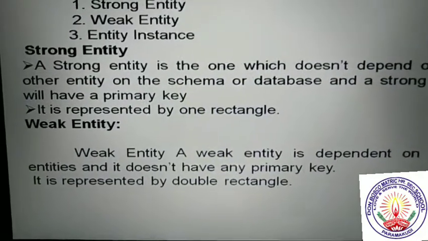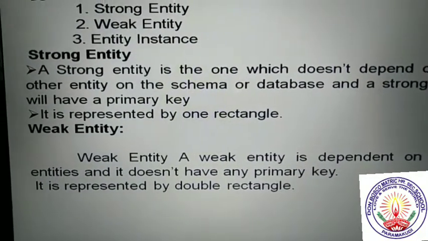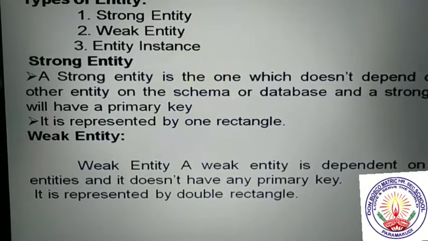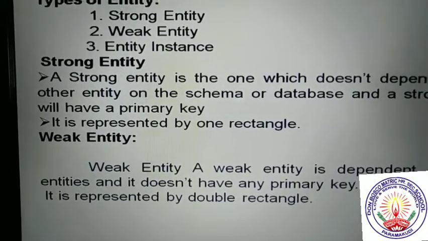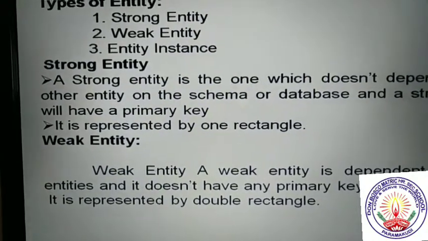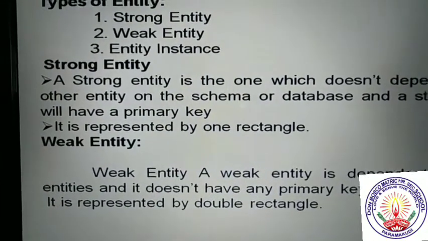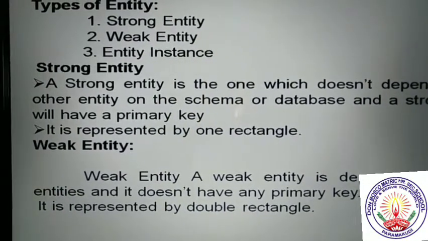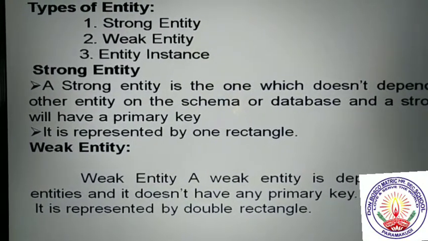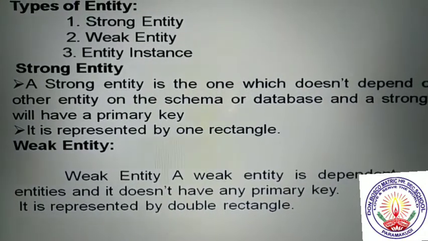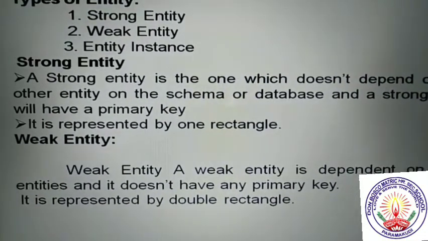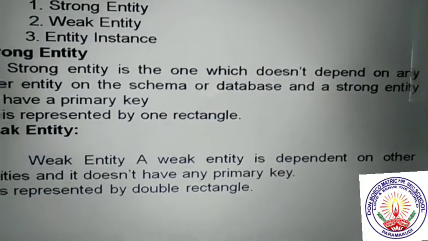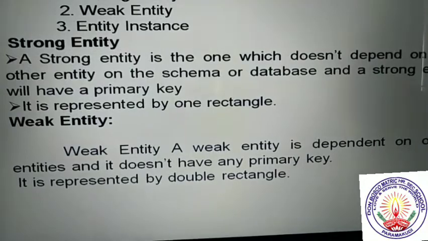Dear students, you already know the primary key. The primary key is the unique identification of the given data. For example, in humans, the Aadhaar number: each person has a separate and unique number. So a strong entity is one which does not depend on any other entity in the schema or database, and a strong entity will have a primary key.